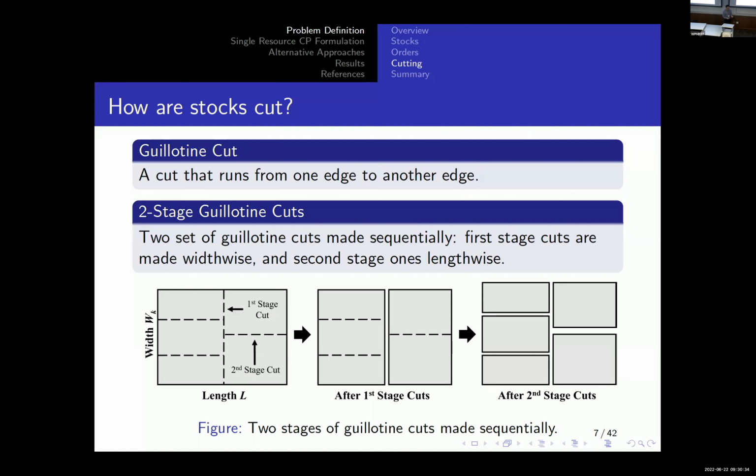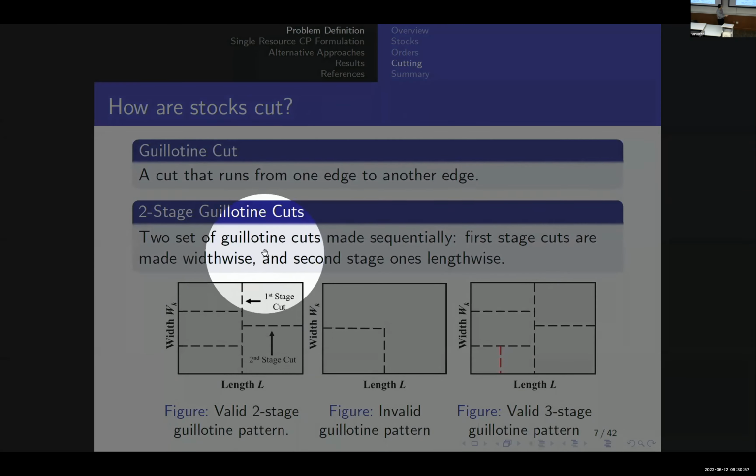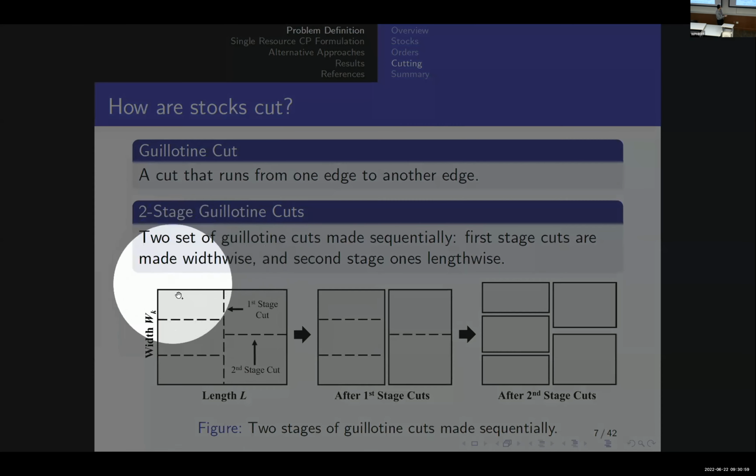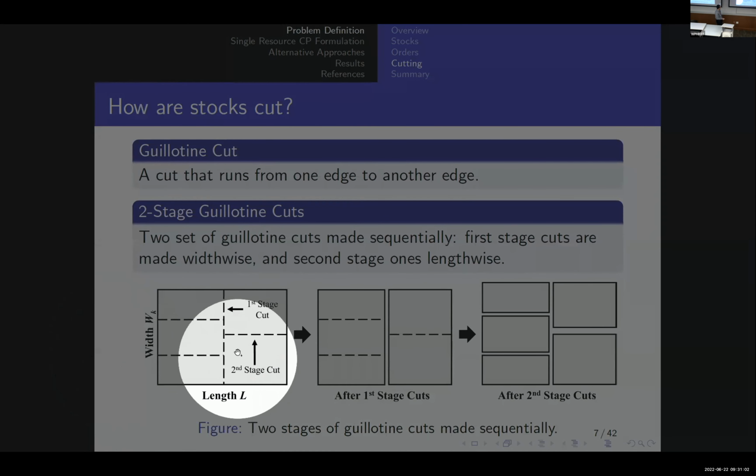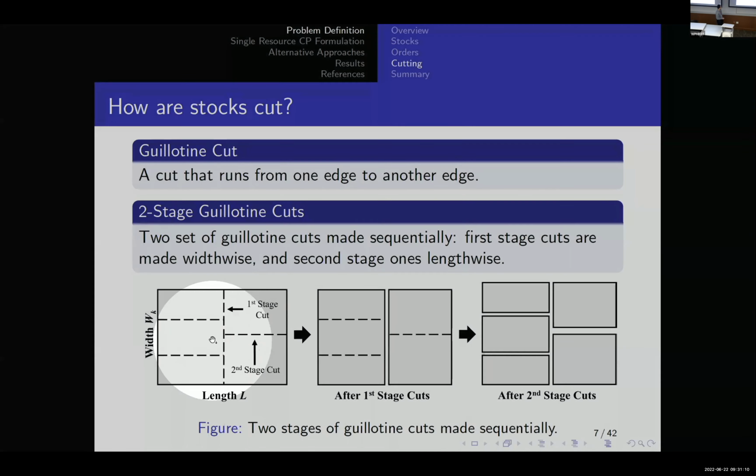In our problem here, we're dealing with a specific kind of guillotine cut, the 2-stage guillotine cuts, which is essentially just 2 sets of guillotine cuts that need to be made sequentially. The first stage will be executed widthwise, so parallel to the width. And the second stage cuts will be made lengthwise, so parallel to the length. As you can see in the figure on your right-hand side, this is a valid cutting pattern for 2-stage guillotine cuts.